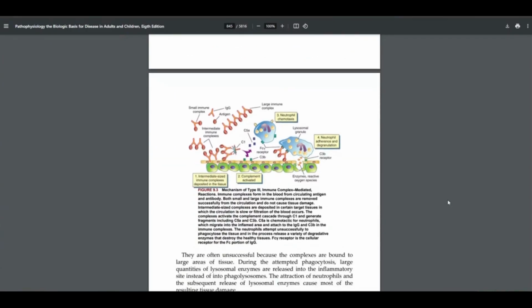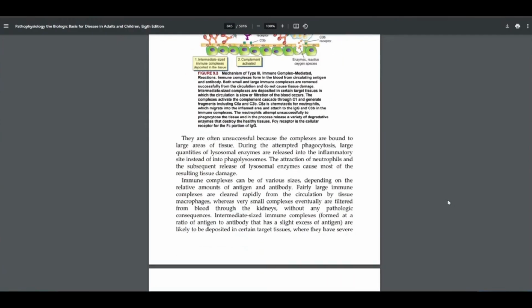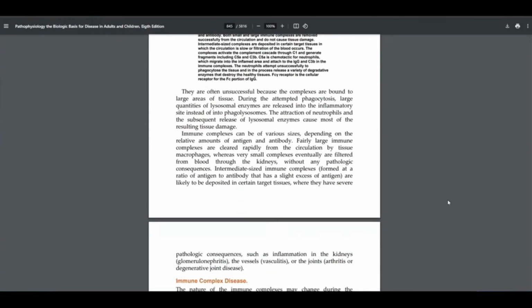So there is an attempt. They are often unsuccessful because the complexes are bound to large areas of tissue. During the attempted phagocytosis, large quantities of lysosomal enzymes are released into the inflammatory site instead of into phagolysosomes. The attraction of neutrophils and the subsequent release of lysosomal enzymes cause most of the resulting tissue damage.